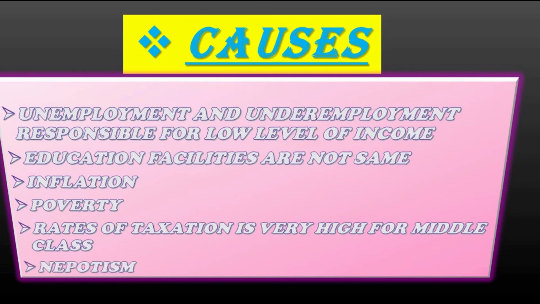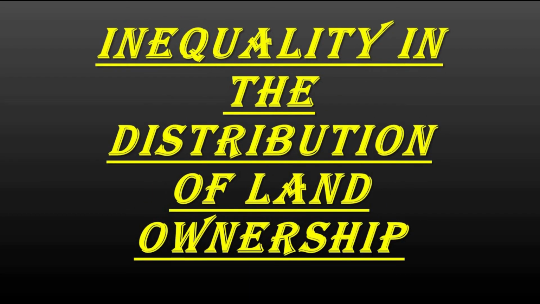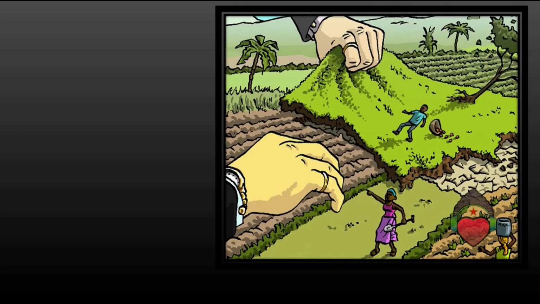Now let's see the inequality in the distribution of land ownership. The ownership of land is very important because the owner of a plot of land is also the owner of the crop raised on that plot of land.